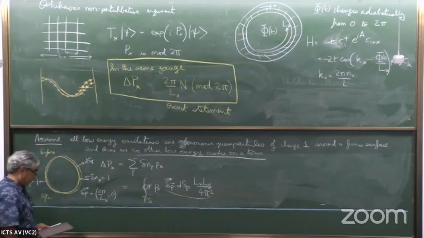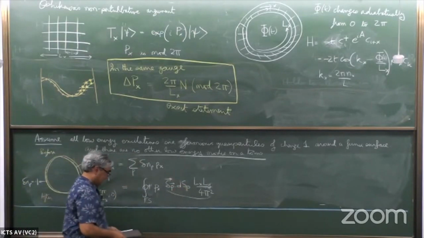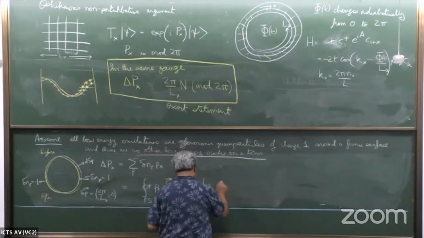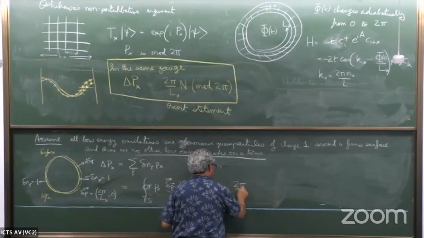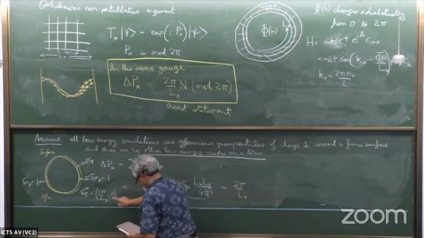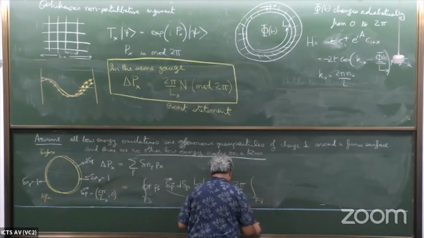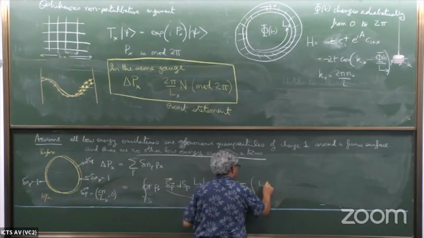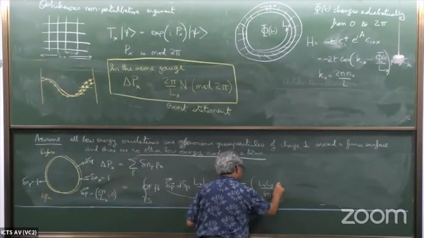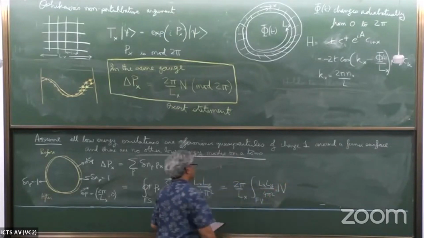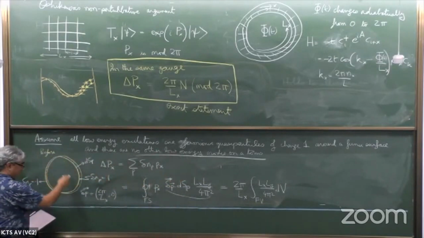Okay, so now you can use Gauss's law and evaluate this. So this just turns out to be, after Gauss's law, 2 pi over Lx, which is delta p dot x hat, times the whole Fermi volume of Lx Ly over 4 pi squared times dV, where dV is the momentum space volume.